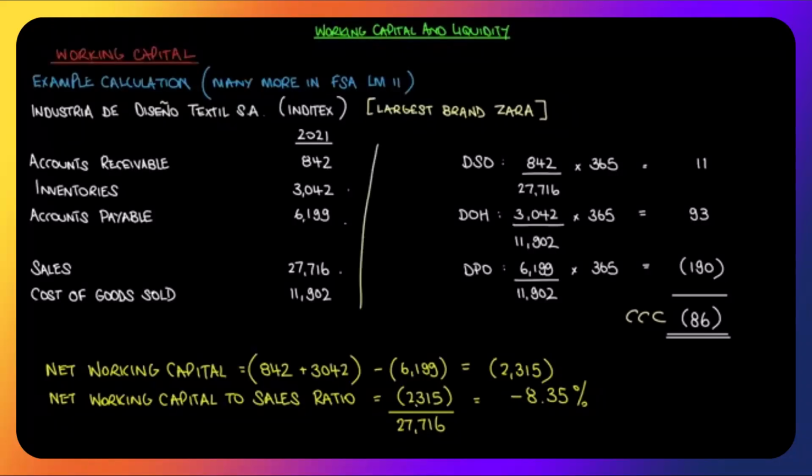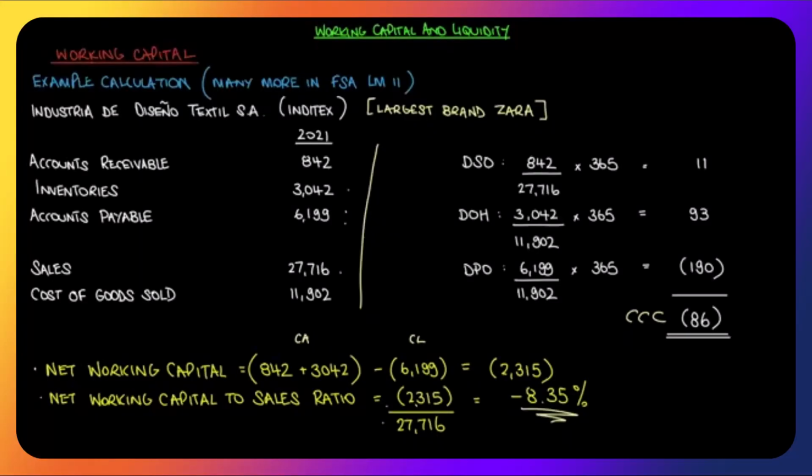We can now use the information from the balance sheet to calculate net working capital, accounts receivable, and inventories in our current assets, less our current liabilities, 6199 from the balance sheet, gives negative net working capital of 2315. Divide that by sales. It's a working capital to sales ratio of negative 8.35%.